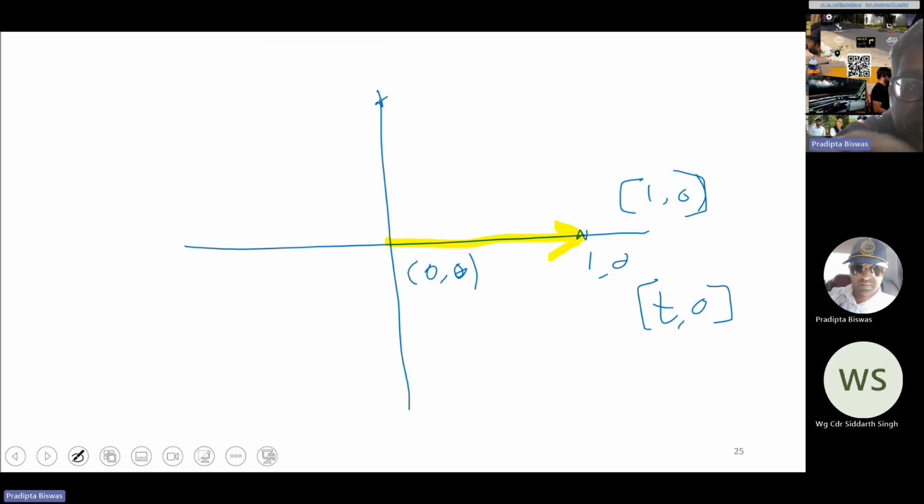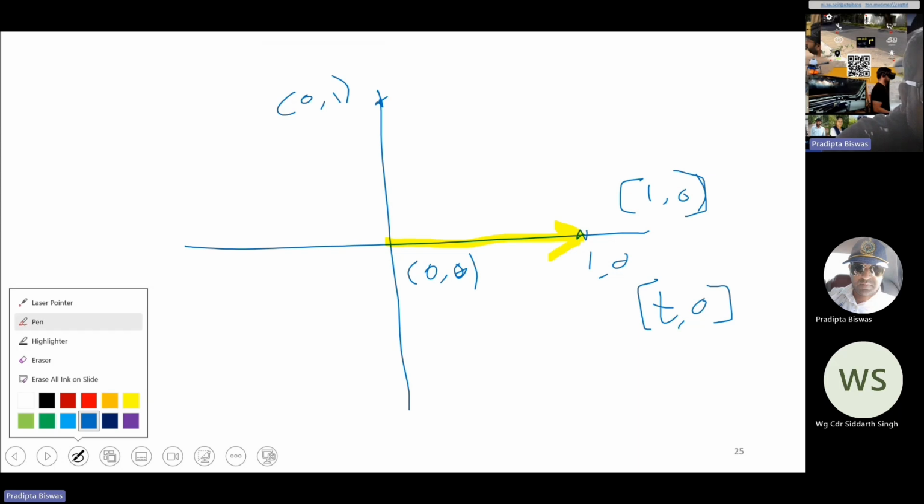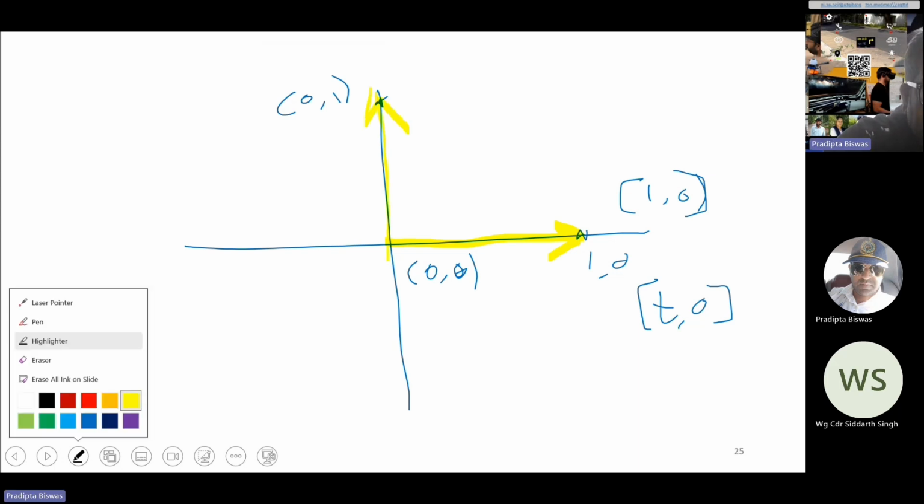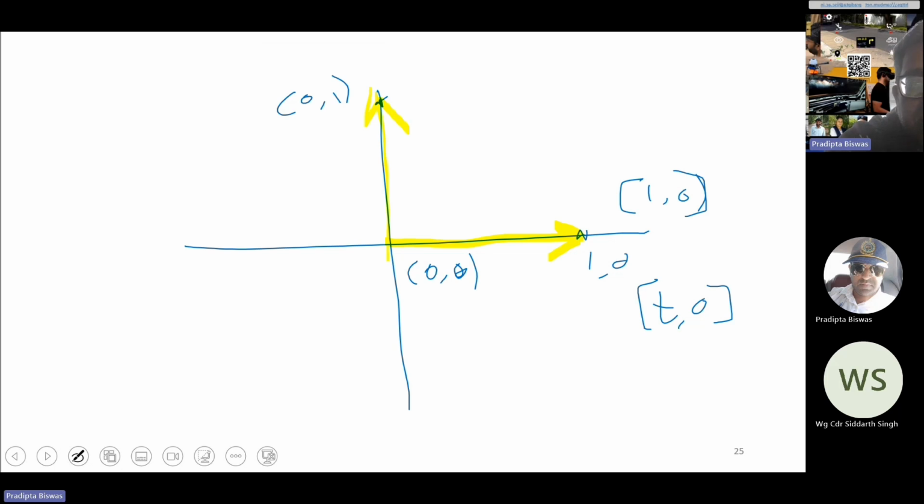Similarly, say this is the line where it is 0, 1. I can draw a vector here like this, and I can write it as 0, t, where t is a scalar multiplier, or I can just write the notation 0, 1.